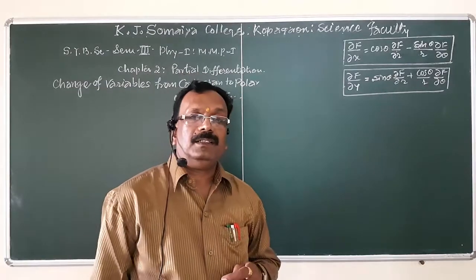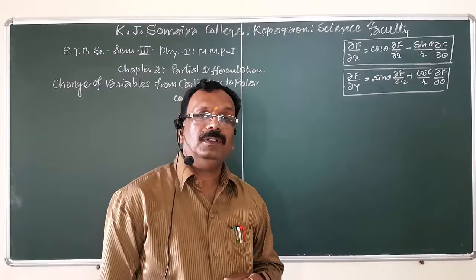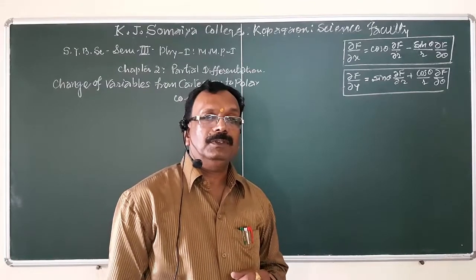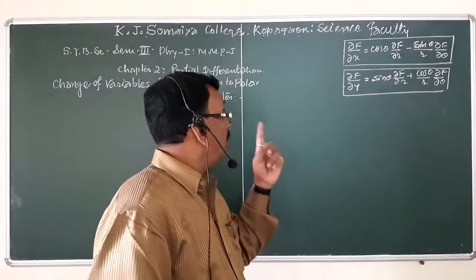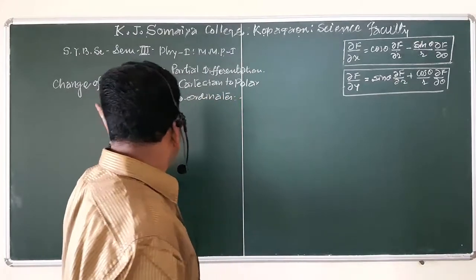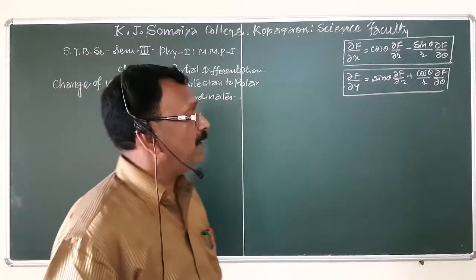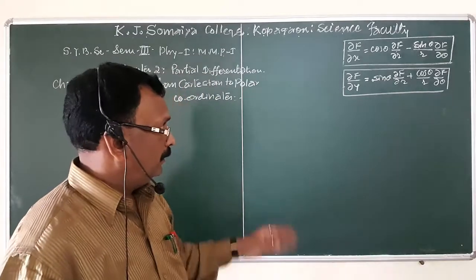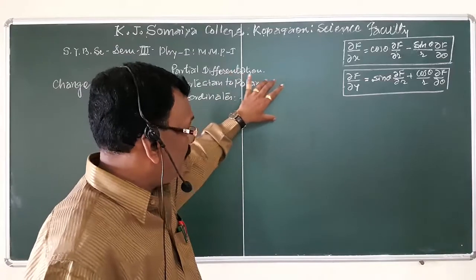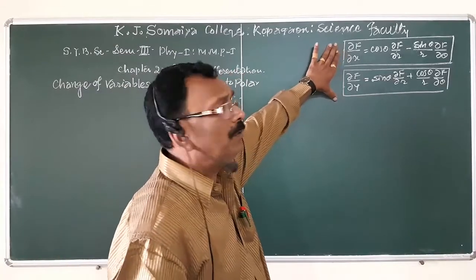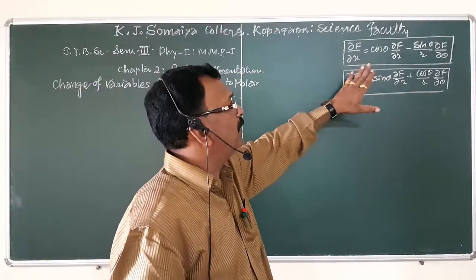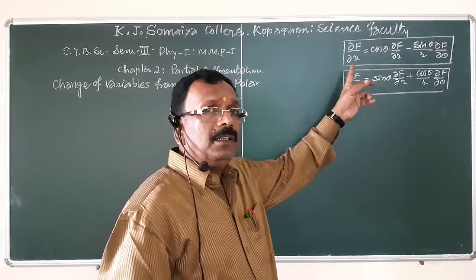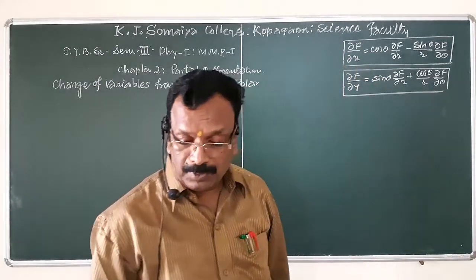In the previous lecture we studied the chain rule and some important points related to it. In this lecture we are going to see the change of variables from Cartesian to polar coordinates. Regarding this, we have to obtain two important relations which show the relation between rectangular coordinates and polar coordinates.